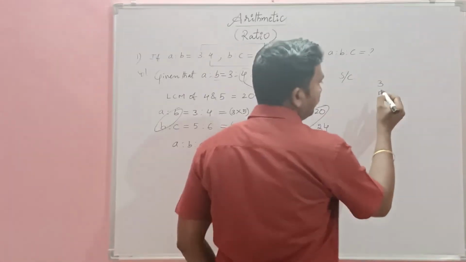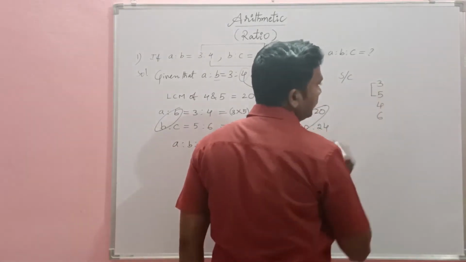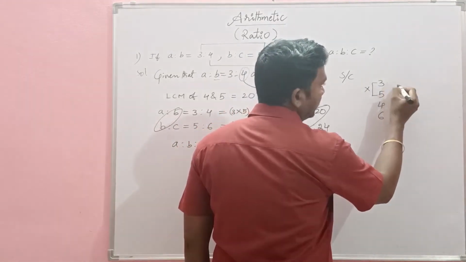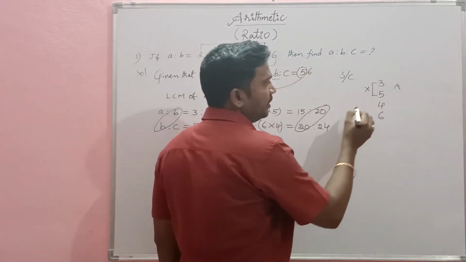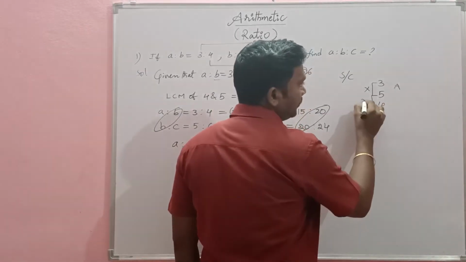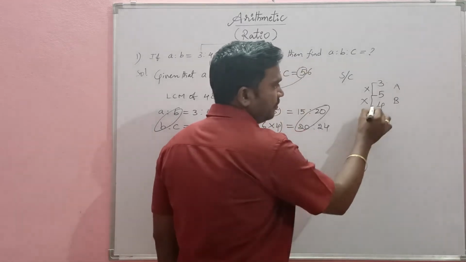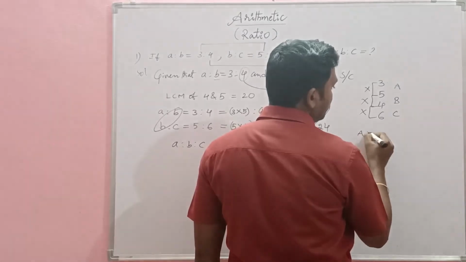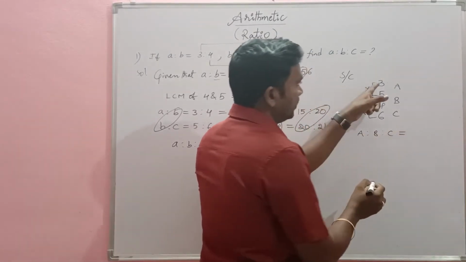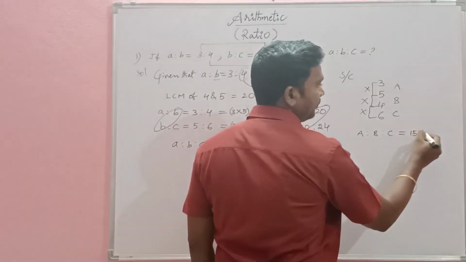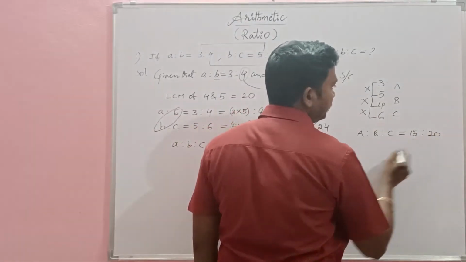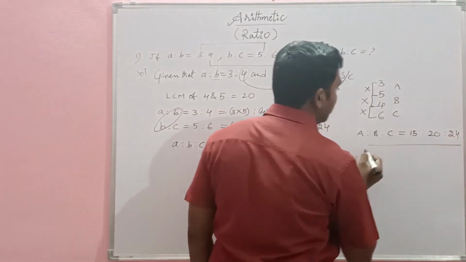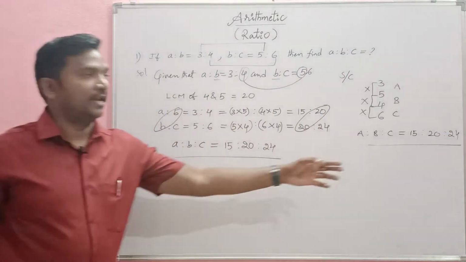Now, if you multiply these two, you will get A. If you multiply these two, you will get B. If you multiply these two, you will get C. See here, A is to B is to C is equals to 3 5s are 15, 5 4s are 20, 4 6s are 24. So this is our final answer.